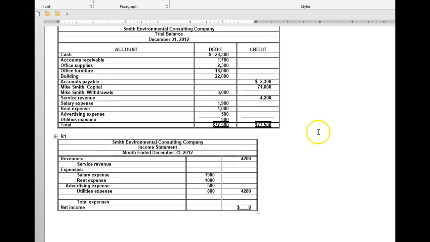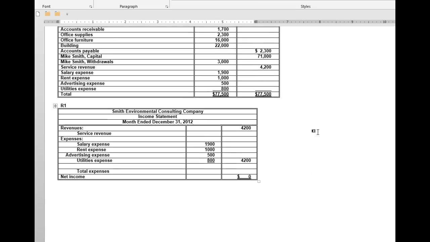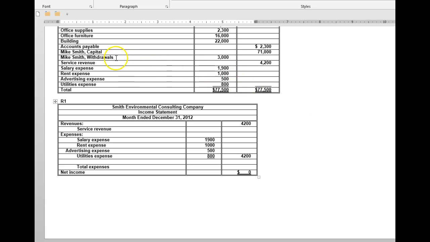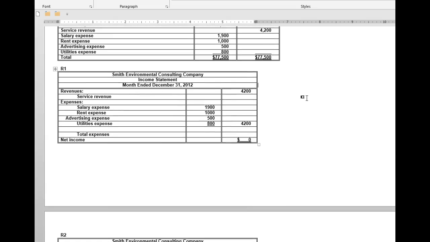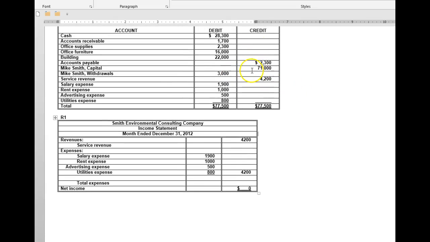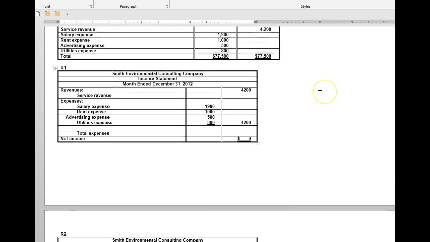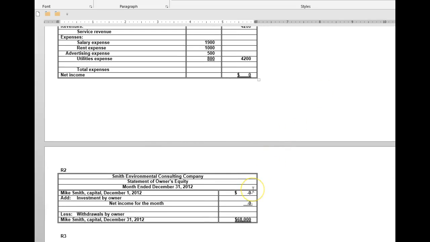So remember that, okay? Now, remember our beginning capital is $71,000. Well, actually, that was contributed during the setup, so our beginning capital was 0. The owner invested $71,000.